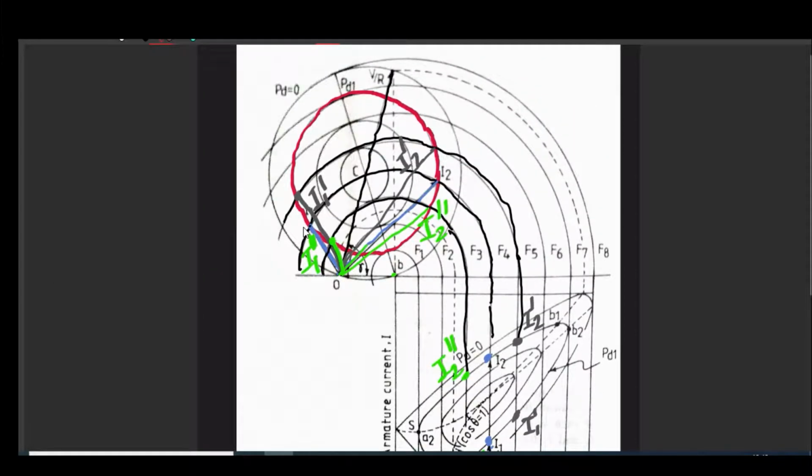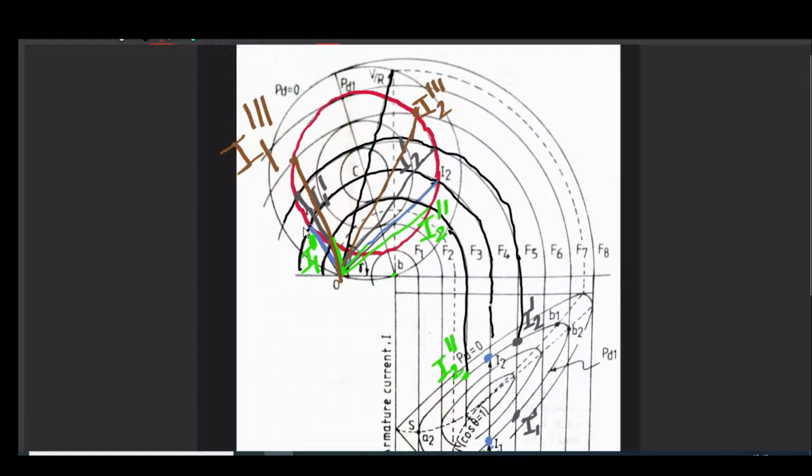So another one could be here, that is I1 triple dash and I2 triple dash.